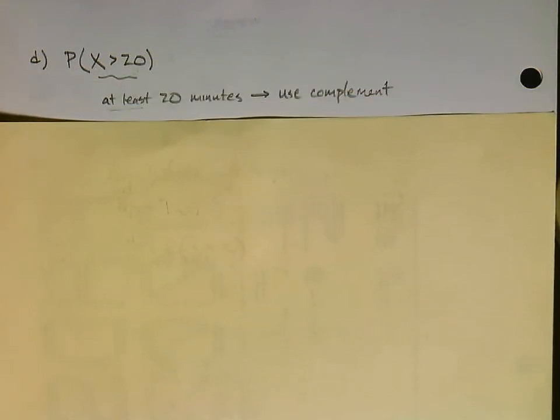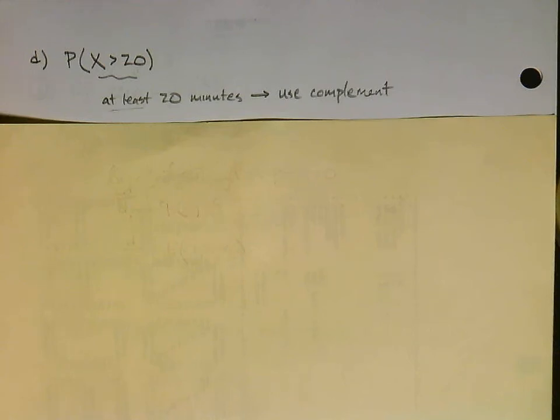How are we going to calculate this? I mean, our formula only counts probabilities up to a certain number. How can we possibly find the probability above a certain number? And what we're going to do, and you see it right there, we're going to use the complement.